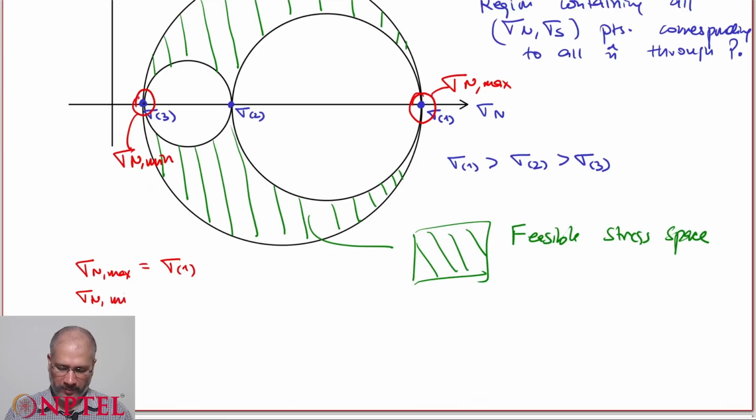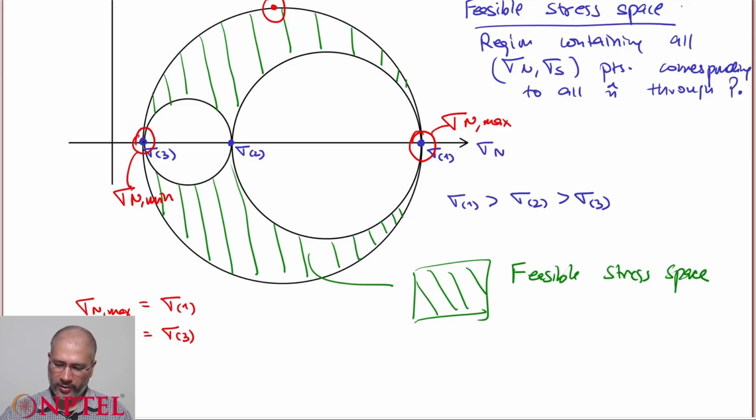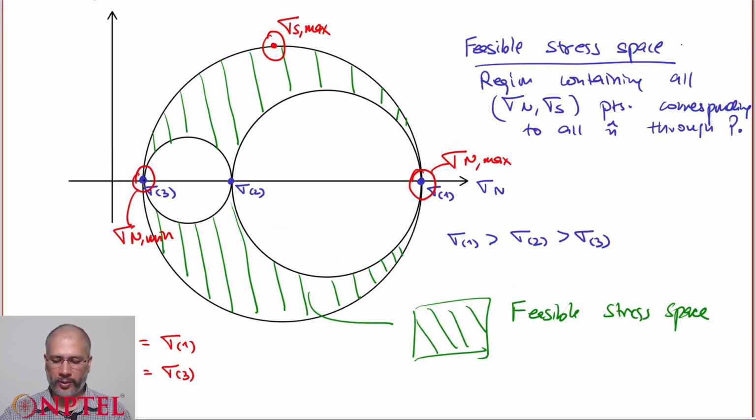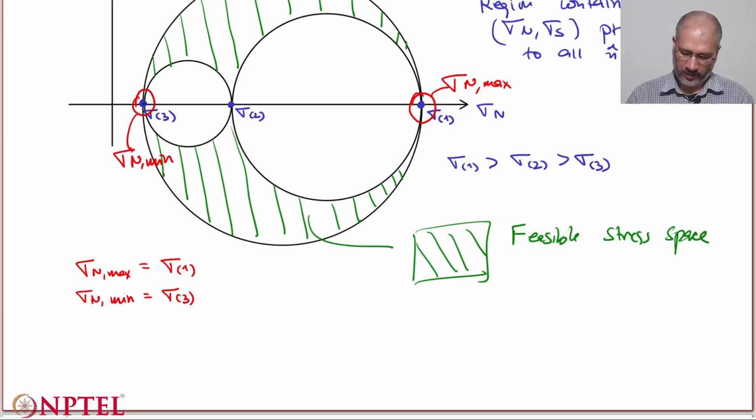Sigma n min is the smallest eigenvalue, which is sigma 3. And if you look at the radius of the largest circle, which is actually sigma s max, which is equal to sigma 1 minus sigma 3 upon 2.